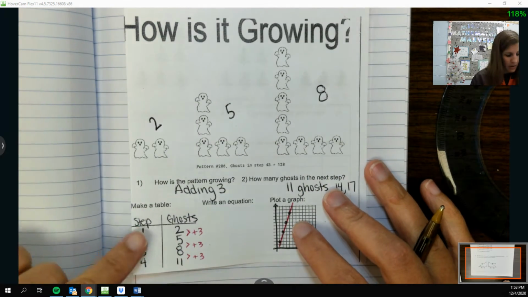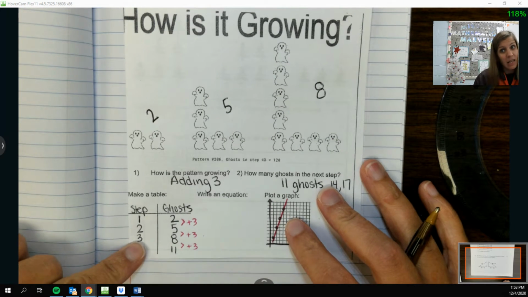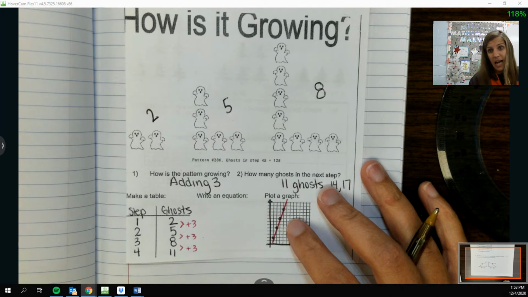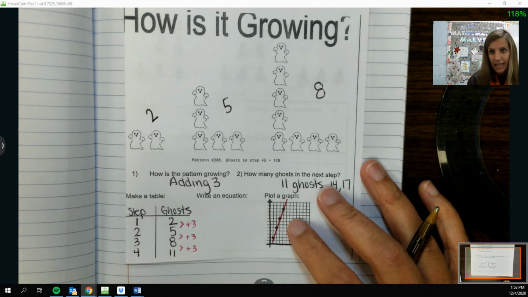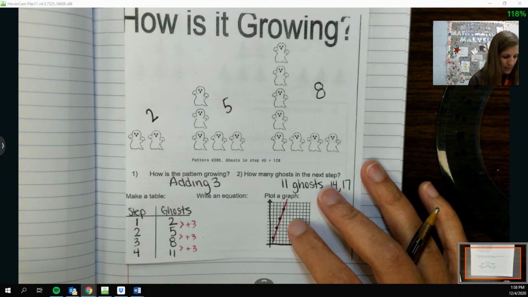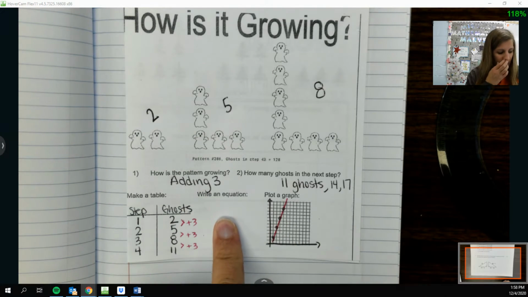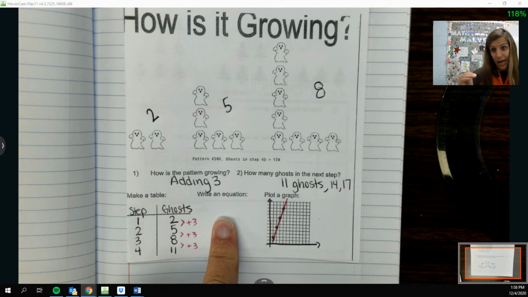I'll also know from a table that it's linear if I'm adding the same thing every time, or if I subtract the same thing every time. And so the hardest part is to really write an equation. If I'm adding something over and over and over again, then I don't want to keep adding.